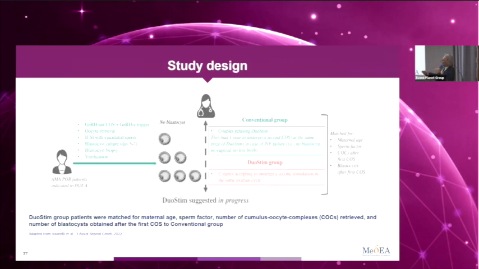One possibility is to continue with the second stimulation in DuoStim, double stimulation. Other patients that refused this option had the possibility to have a second stimulation, when they finished the blastocysts, in the follicular phase at the same price as DuoStim, because usually in DuoStim a second round is proposed cheaper.